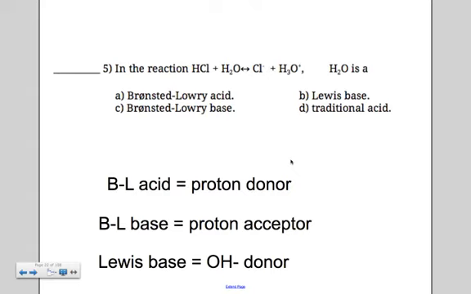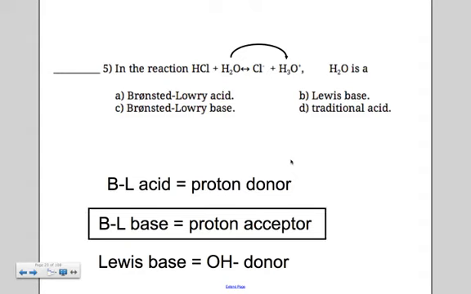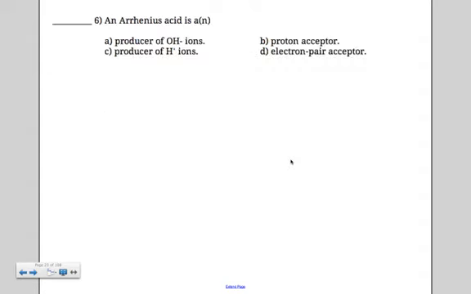And a Lewis base is a hydroxide donor. There's no hydroxide in this equation, so we're going to rule out Lewis base. And what happens to water? From left to right, it gains a proton, or accepts a proton, or gains a hydrogen. Same thing. So that makes it a Bronsted-Lowry base, which is choice C.